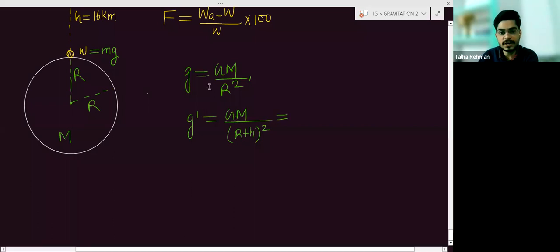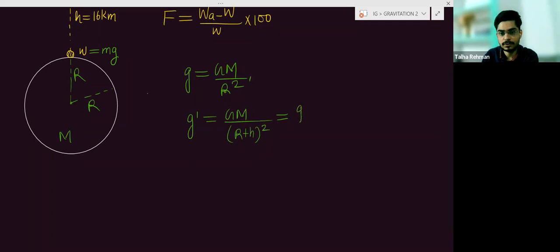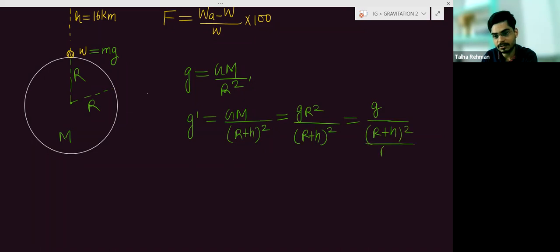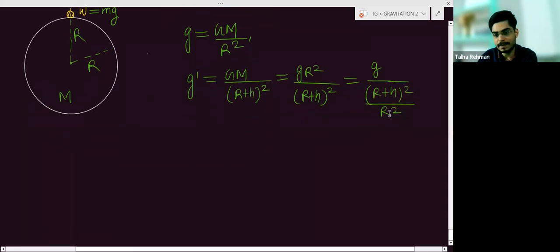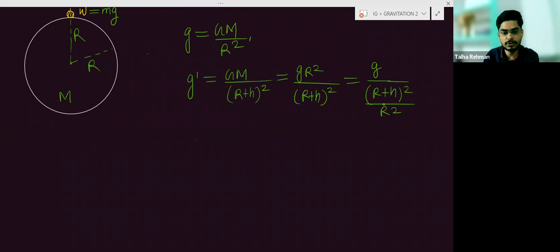So the value of GM will be g R square, divided by (R plus h) square. R square will go here like this, (R plus h) square divided by R square. Now you divide R plus h by R. So this g dash value will become g divided by (1 plus h by R) square.